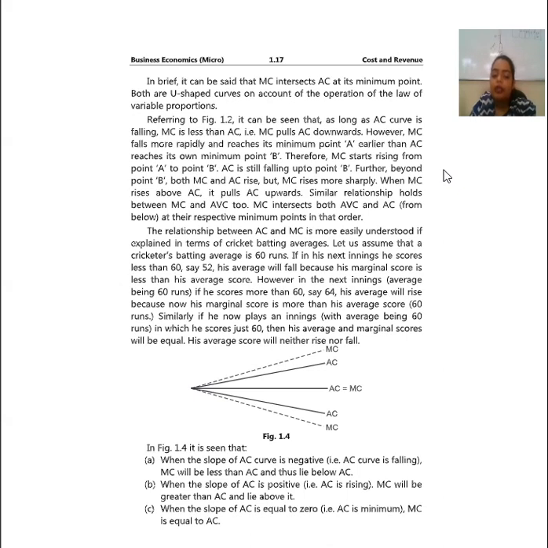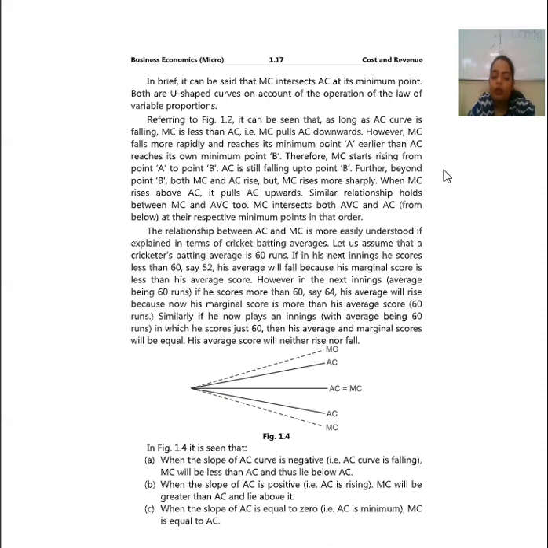However, in the next innings, the average being 60 runs, if he scores more than 60, say 64, his average will rise because now his marginal score is more than his average score. Similarly, if he now plays an innings with the average score being 60, in which he scores just 60, then his average and marginal scores will be equal.